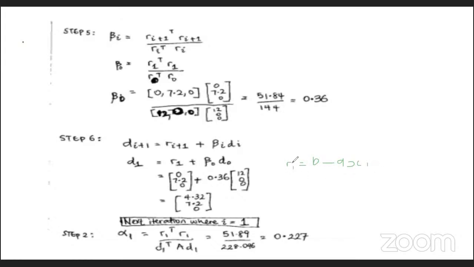So this is Ri. Let's say from I equals 1, this will be R1 equal to B minus AX1.